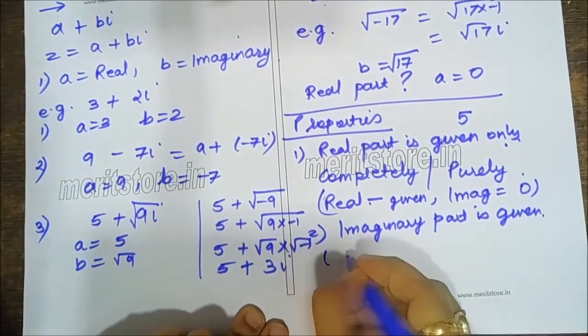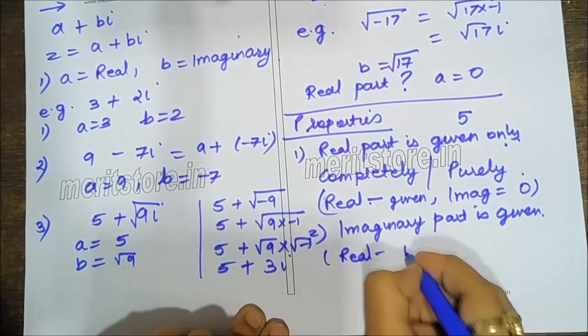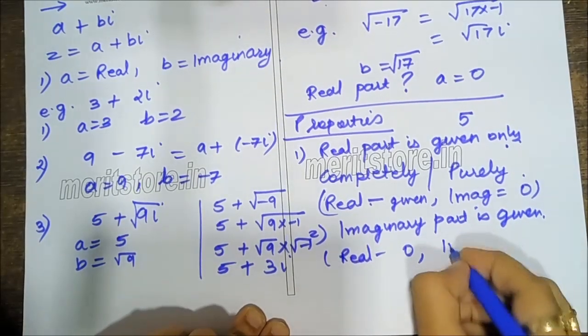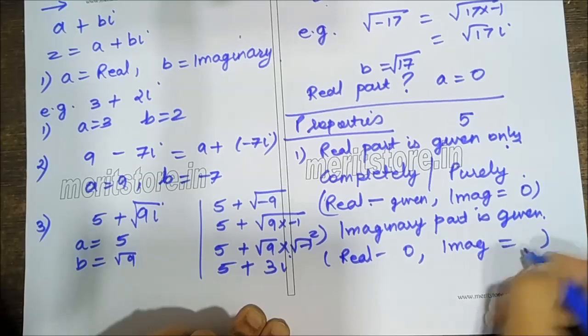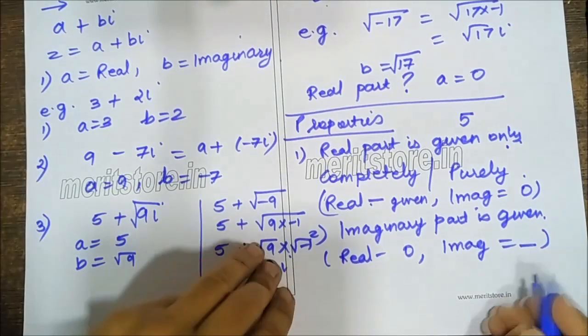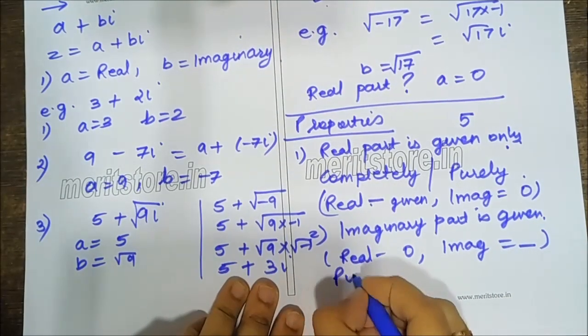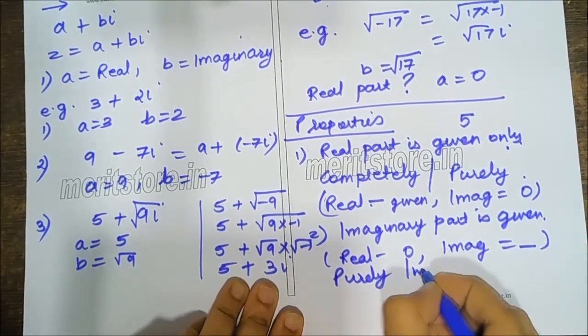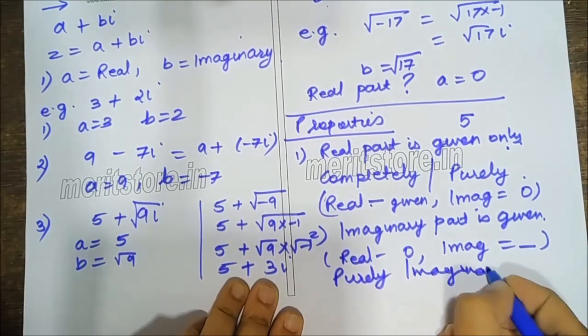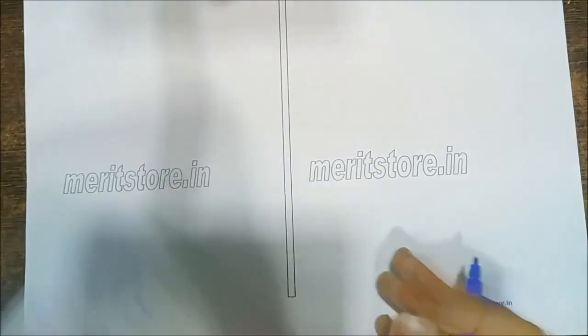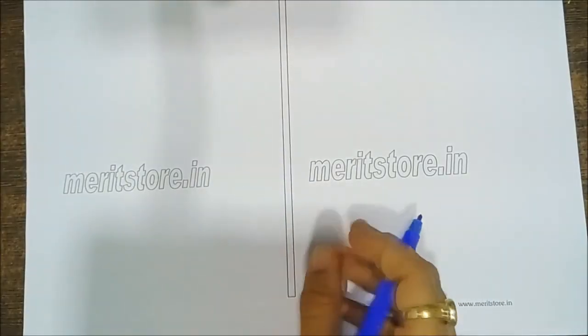Your imaginary is given, so real will be 0 and imaginary will be some value, any value. Okay, such types are purely imaginary.